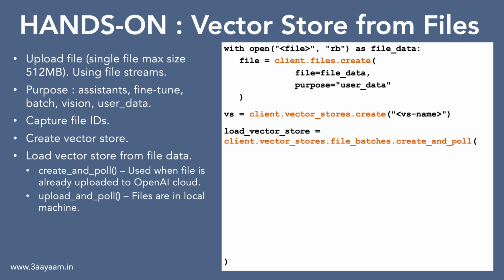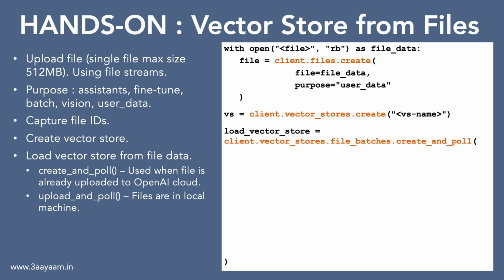The difference between these two is that we use create_and_poll when the files are already uploaded to OpenAI file storage or to OpenAI cloud, which is backed by Azure. And the second API, upload_and_poll, is used when the files are in the local machine. So the files would be read, then converted into vector embeddings, and then uploaded or stored in the vector store.